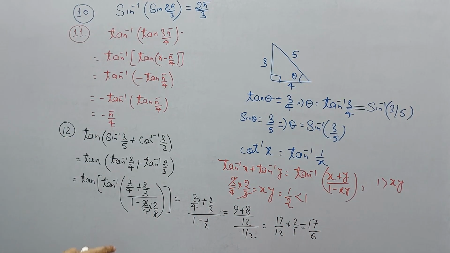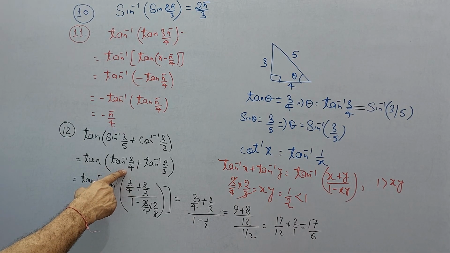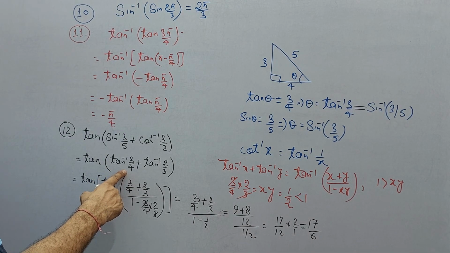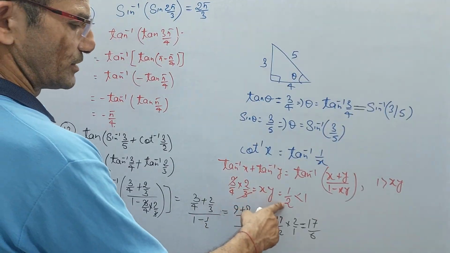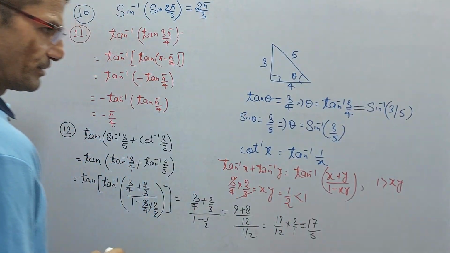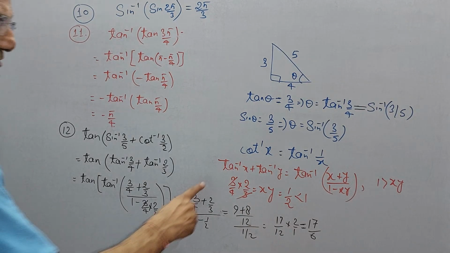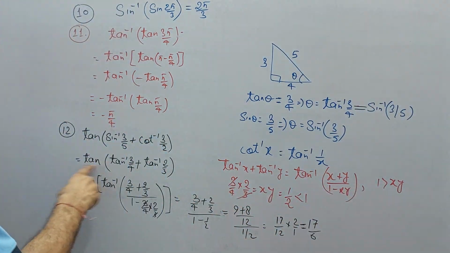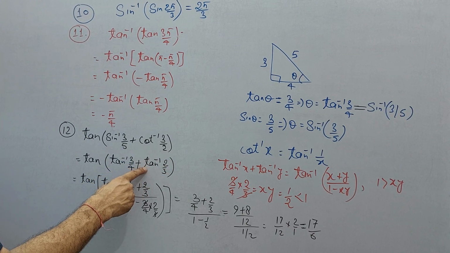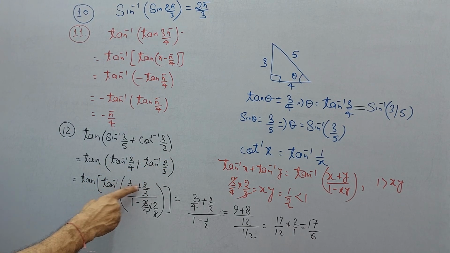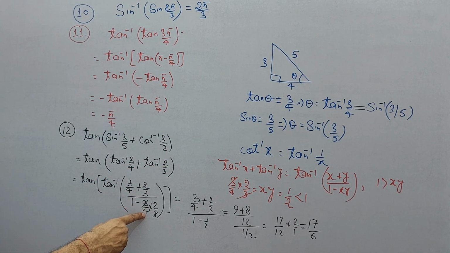So here our x is 3 by 4 and our y is 2 by 3. Their product after solving is 1 by 2, and 1 by 2 is less than 1, so we can use this formula here. Using this formula, tan inverse x plus tan inverse y will be tan inverse of x plus y divided by 1 minus xy.